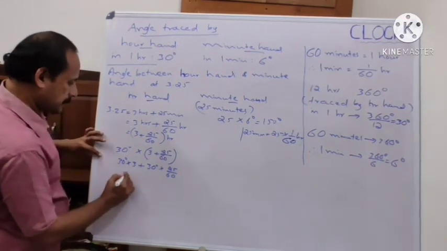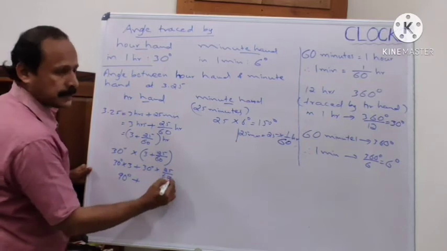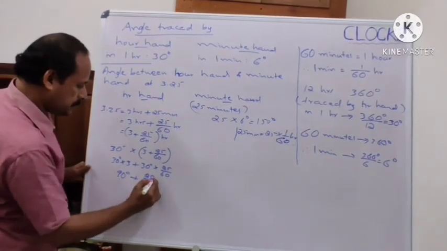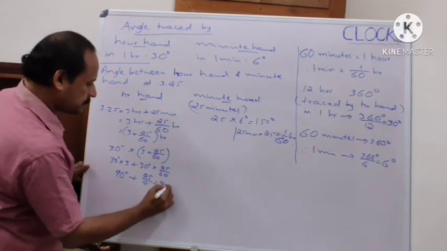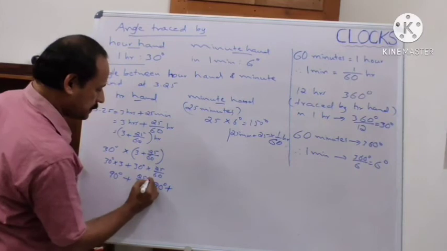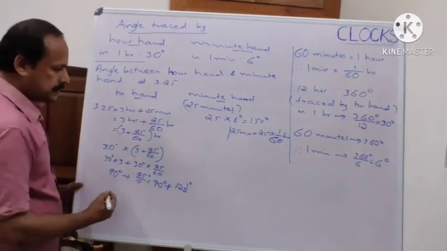This is 90 plus, here is a simplification, you cancel 30, then 25 by 2, and this is equal to 90 plus 25 by 2 degrees, which is 12.5 degrees.